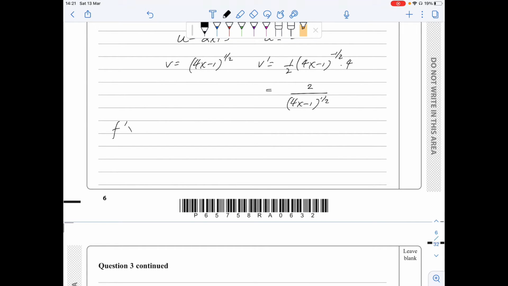So f dash of x equals [2 (4x minus 1) to the power of a half minus (2x plus 3) over (4x minus 1) to the half] all over (4x minus 1) to the half squared, so it cancels out. Now to simplify, I will multiply top and bottom by (4x minus 1) to the half.